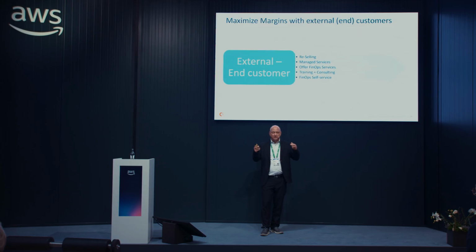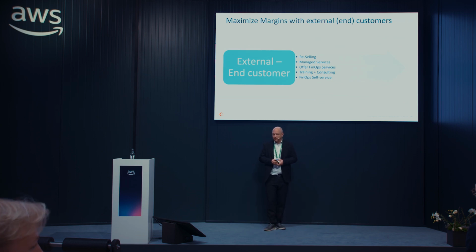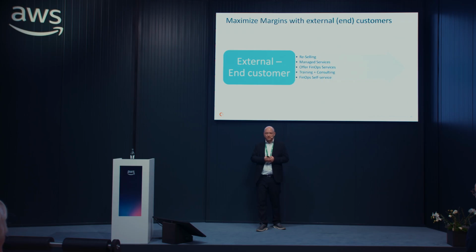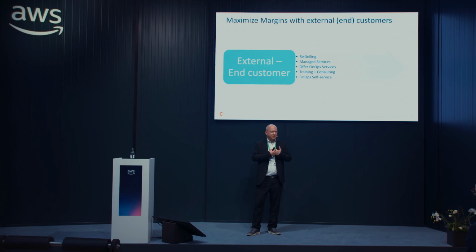If you have external customers or even internal customers, you can think about how to best support your business with the public cloud. You can do that by creating new cloud services and making more money with these new cloud services, because we actually want to make money with the public cloud in FinOps. It's not just about saving.